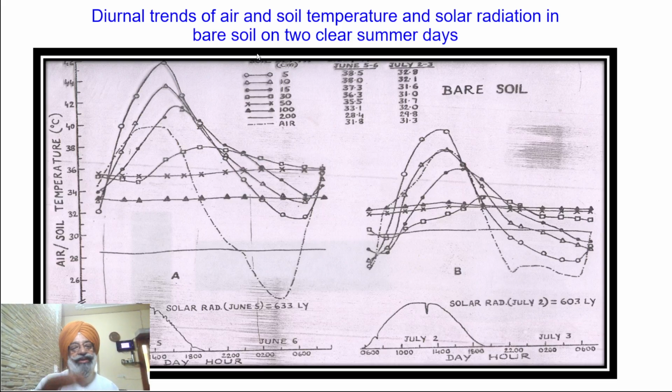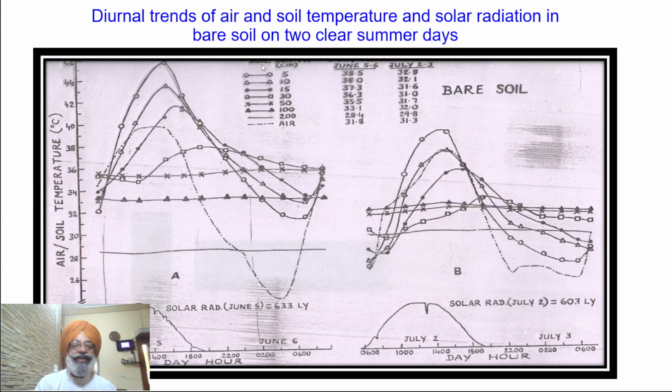So that means the heat started penetrating, it warmed up the soil at 5 centimeter, then still penetrated down, because it is warming up all the layers. The temperature at 10 centimeter is increasing, 15 centimeter is increasing, 30 centimeter is increasing, but you can see there is no increase in soil temperature at 50 centimeter depth.